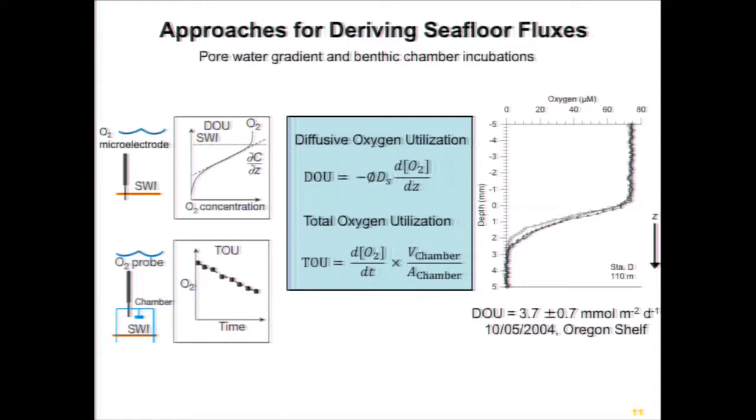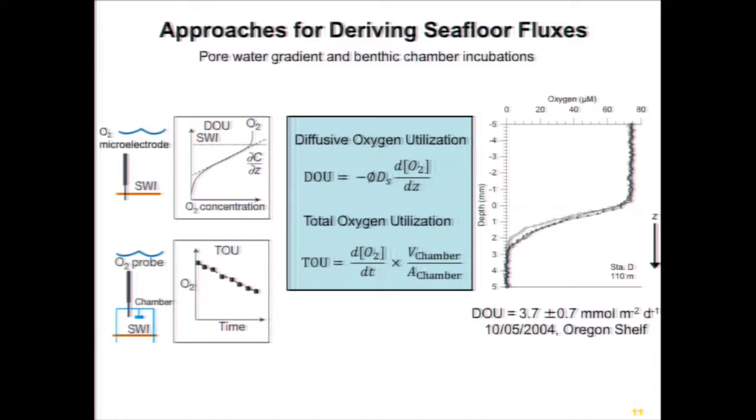Here's an example from some of my work off Oregon showing oxygen gradient profiles that only extend a few millimeters into the sediments on the Oregon shelf. But again, based on that change of oxygen and the assumption that the transport of oxygen into the bed is dominated by molecular diffusion, fluxes can be calculated as diffusive oxygen utilization rates, or DOU.